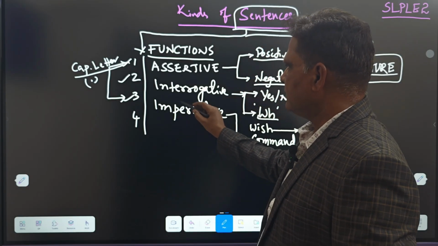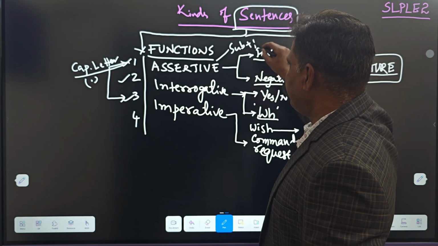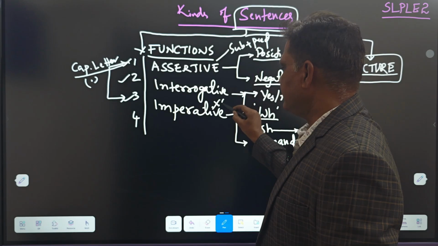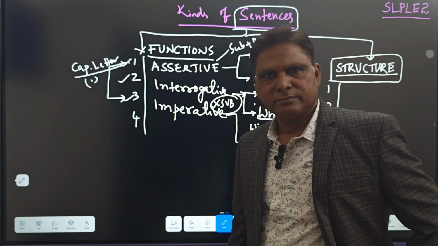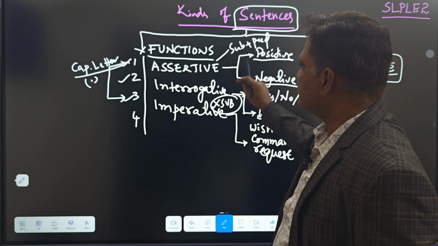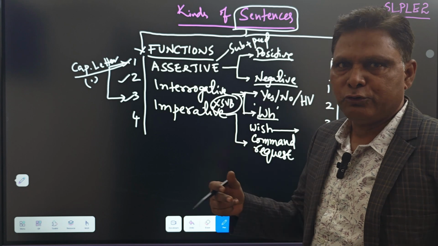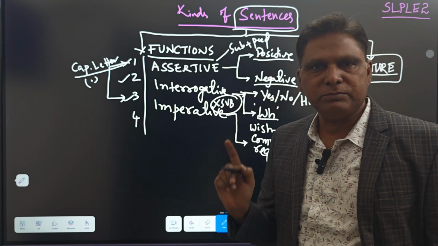Whereas assertive sentences contain a subject and a predicate, in imperative sentences there is no subject. That is a major difference. To understand something deeper about this kind of difference, we need to go through the next class in which we talk about subject and predicate.